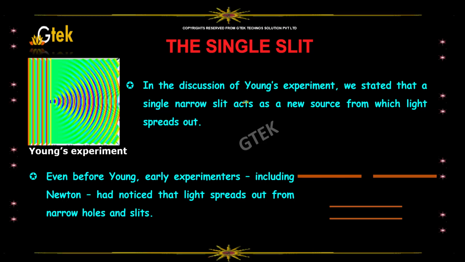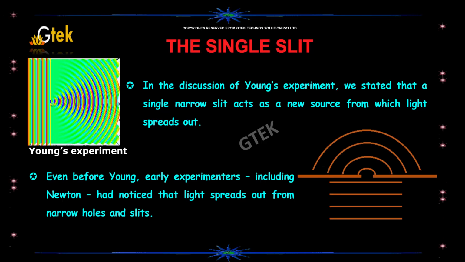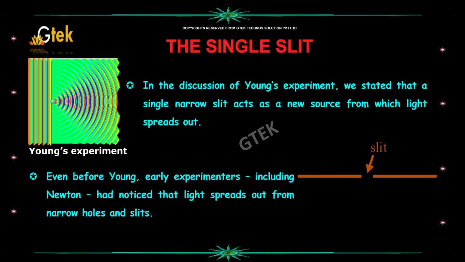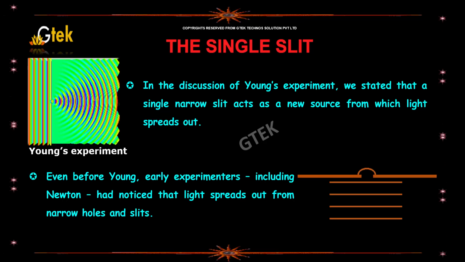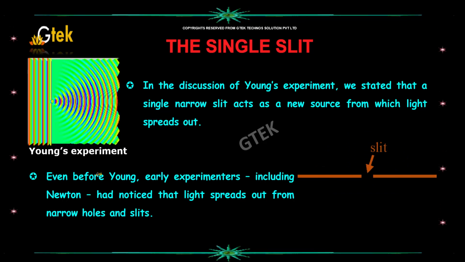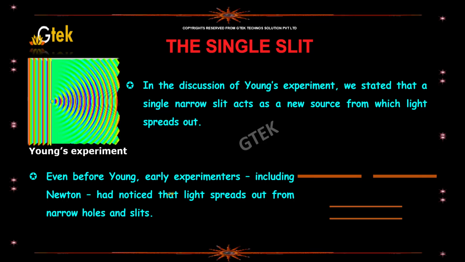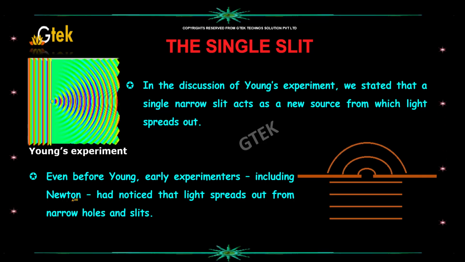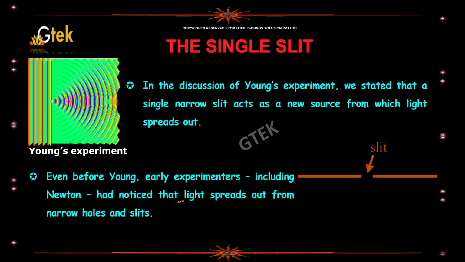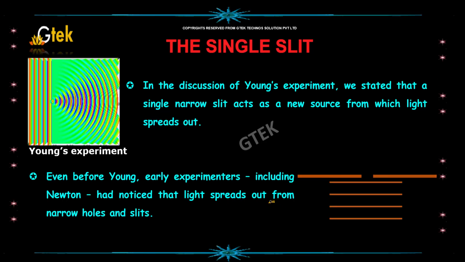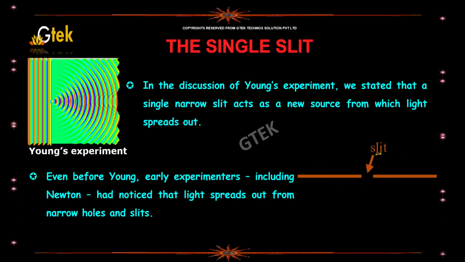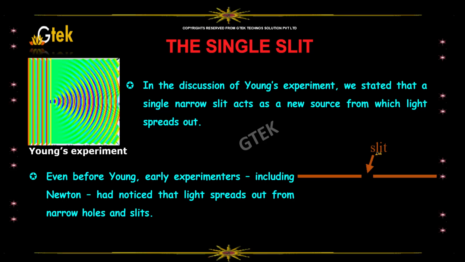In the discussion of Young's experiment, we stated that a single narrow slit acts as a new source from which light spreads out. Even before Young, earlier experimenters including Newton had noticed that light spreads out from narrow holes and slits.